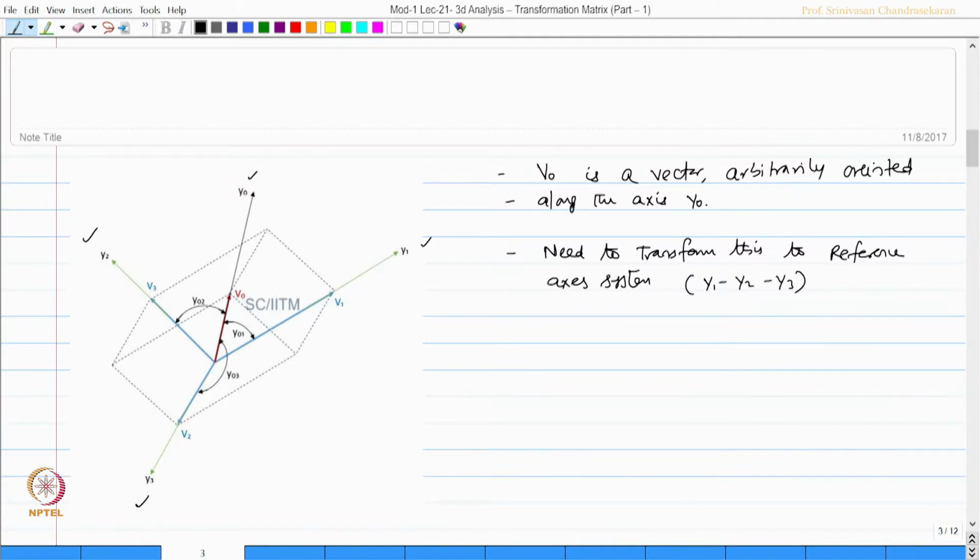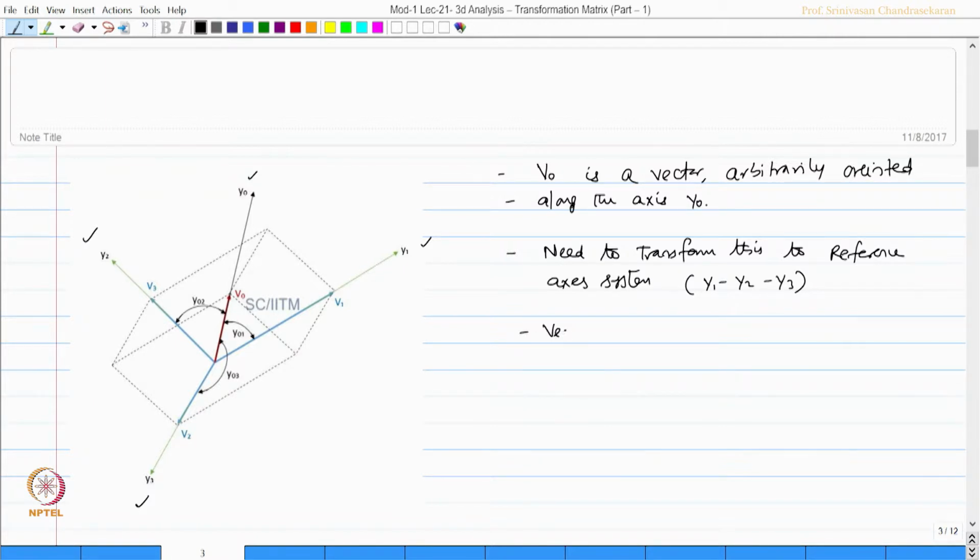Now, let us define the angles. V0 is a vector which is oriented with respect to some set of orthogonal axes y1, y2, y3.